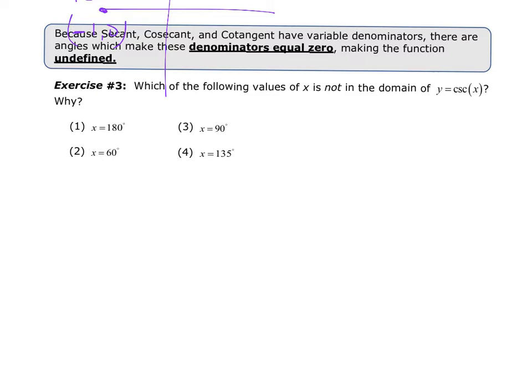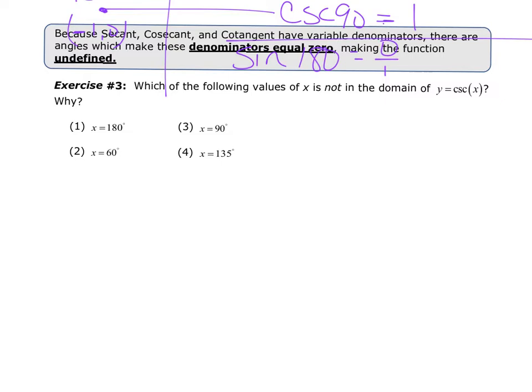So I can flip it and get 1 over 1 or 1, right? So the cosecant of 90 degrees is also 1. All right? So now let's do the sine of 180 degrees. So the sine there, or the y value there, is 0. And I'm going to put it over 1 if I need to be a fraction. Any number, you put it over 1, it's still equal to itself, right? 0 divided by 1 is still 0.